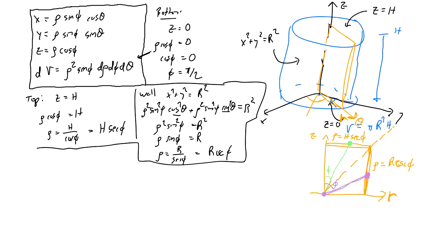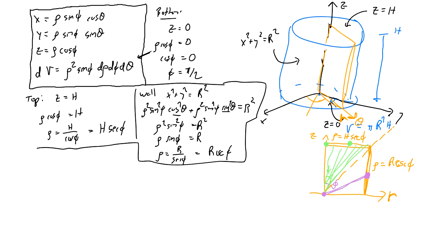So if I slowly move theta starting at 0 and going to 2 pi, when theta equals 0, then I'm going to be exiting right here at h. Then I'm going to continue out like this. So rho is going from 0 to h secant phi all the way here. Then I get to that special angle.